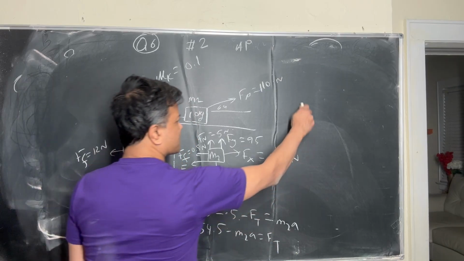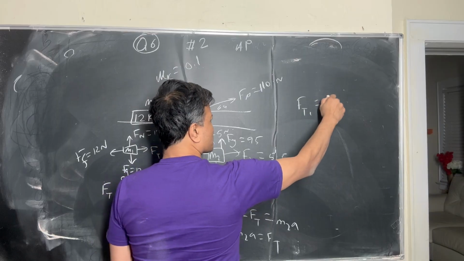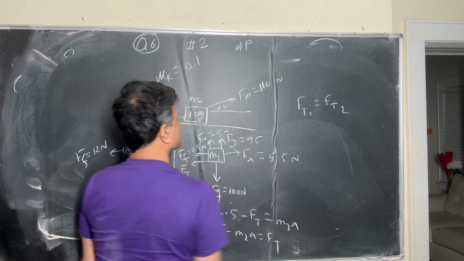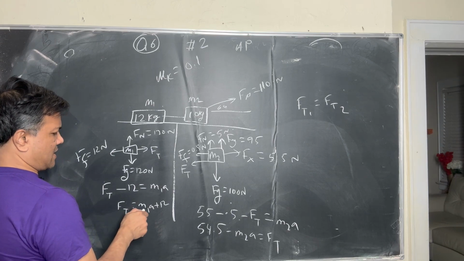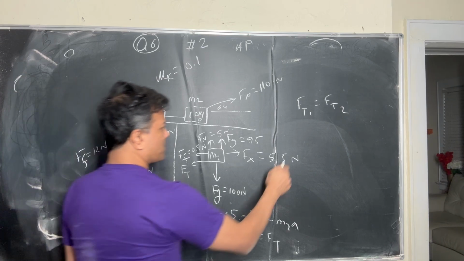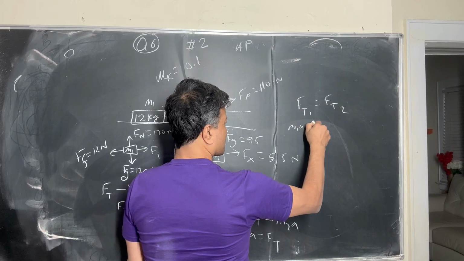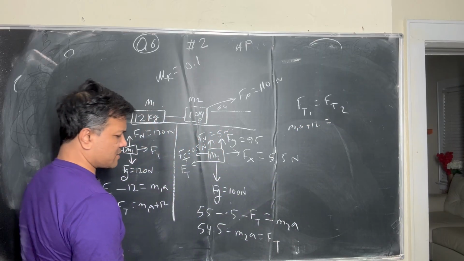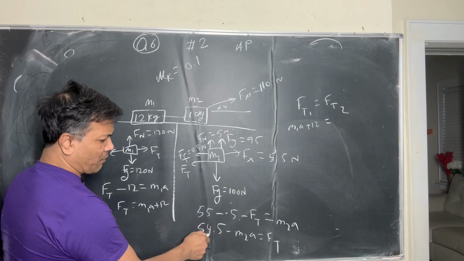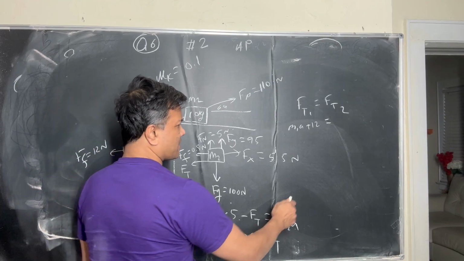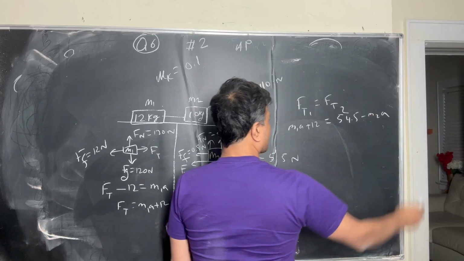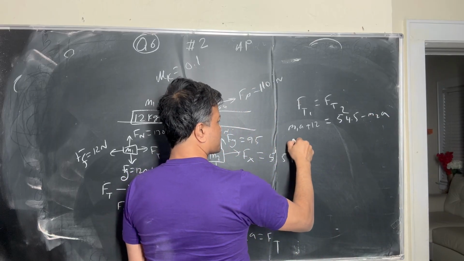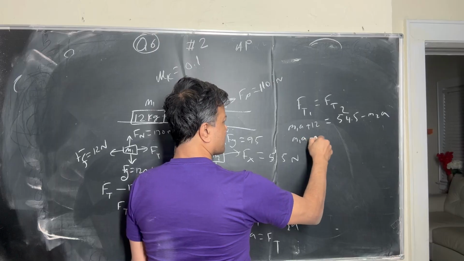So we're going to say Ft1 is equal to Ft2. So Ft1 is M1A plus 12. Ft2 is 54.5 minus M2A. All the acceleration has to be on the same side.